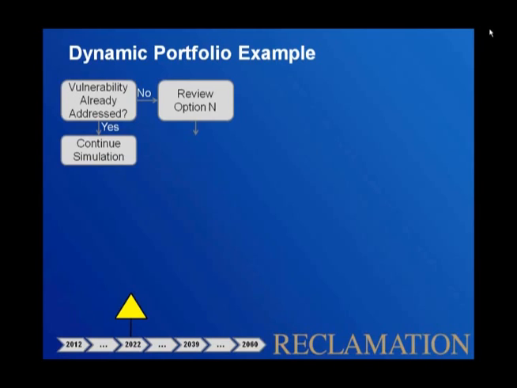Meaning, was there a previous flag on that time step that had an option implemented that actually kills two birds with one stone? Meaning, we think that we've actually put something in place that's going to help this out. And if that's the case, we just continue the simulation and look for a vulnerability to occur in the future. But if it's not the case, we're going to start reviewing options. And let's say we review some option N.